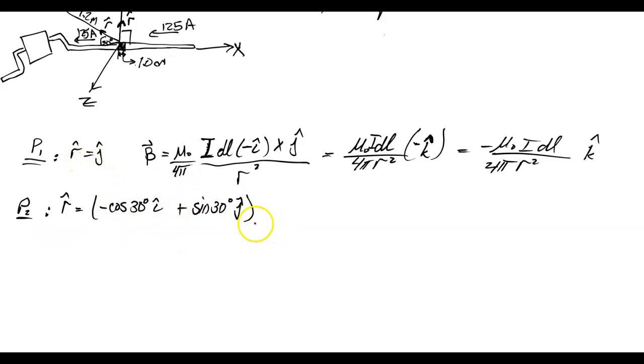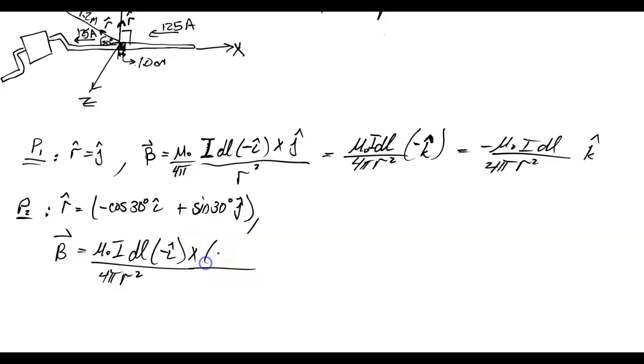So this means that the magnetic field is going to be mu naught I dl times minus I hat over 4 pi r squared, and this is crossed with minus cosine 30 degrees I hat plus sine 30 degrees j hat.